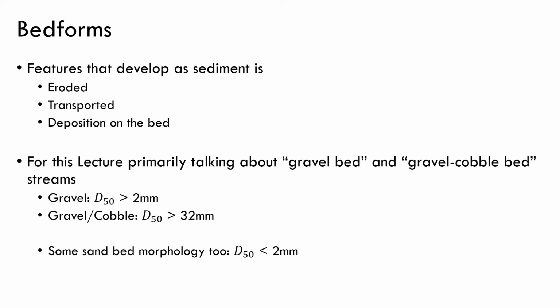In this lecture, we're primarily going to be talking about gravel bedded or gravel cobble bedded streams. Just to remind you, gravel bedded is when we have D50 above 2 millimeters, and gravel cobble is when we have a D50 above 32 millimeters. And then there is a small section on sand bed morphology too, and that's where we get D50s that are less than 2 millimeters.